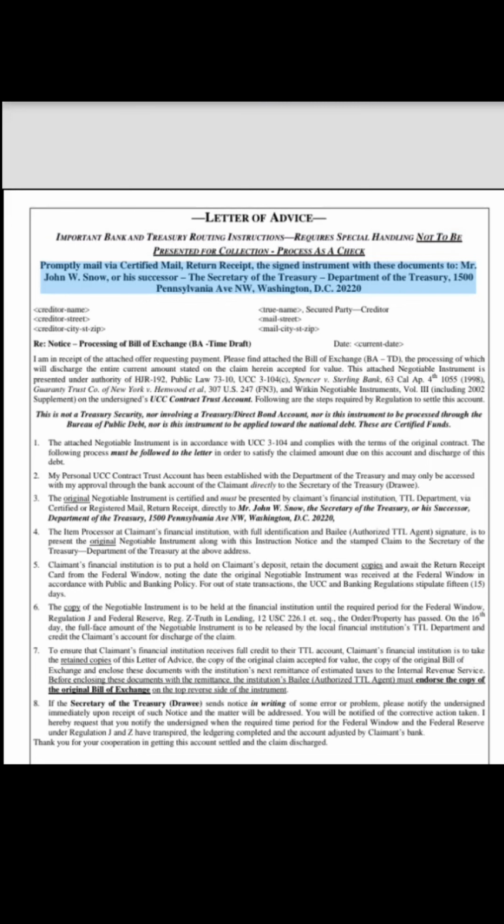Promptly mail via certified mail, return receipt, the signed instrument with these documents to Mr. John W. Snow, or his successor, the Secretary of the Treasury, Department of the Treasury, 1500 Pennsylvania Avenue Northwest, Washington, D.C. 20220. <creditor name>.